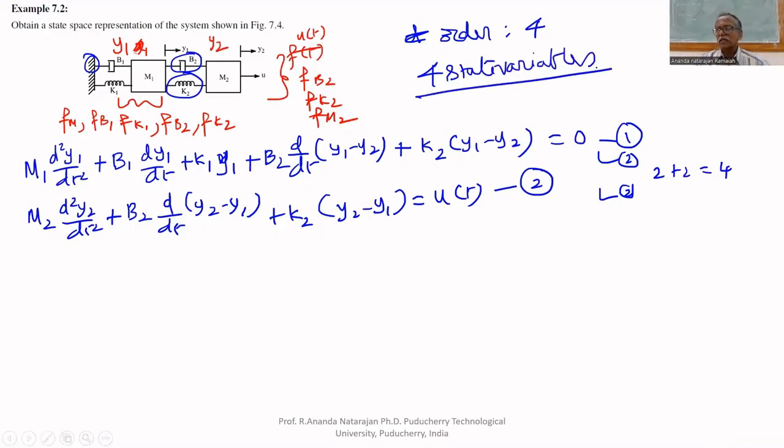We have to assign these state variables. First, let us assign x1 equal to y1. x1 dot equal to x2, that is equal to y1 dot.